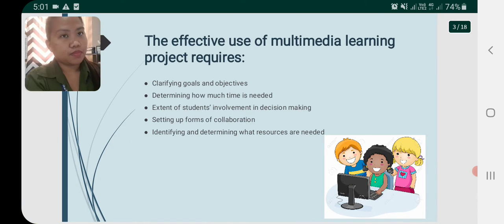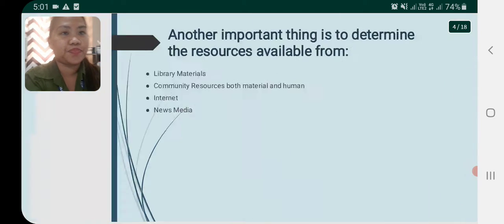The effective use of a multimedia learning project requires: 1, clarifying goals and objectives; 2, determining how much time is needed, extent of students' involvement and decision making, setting up forms of collaborations, identifying and determining what resources are needed.